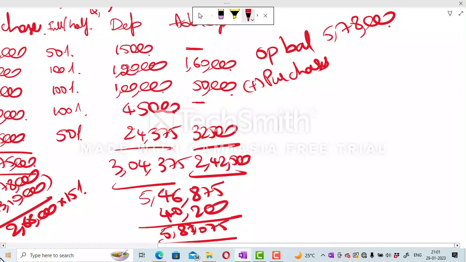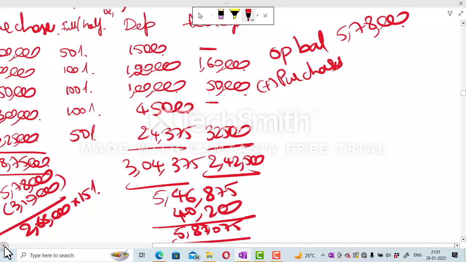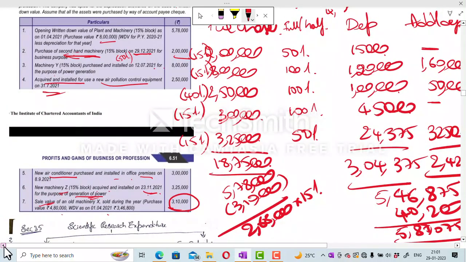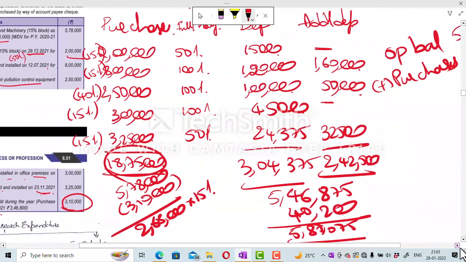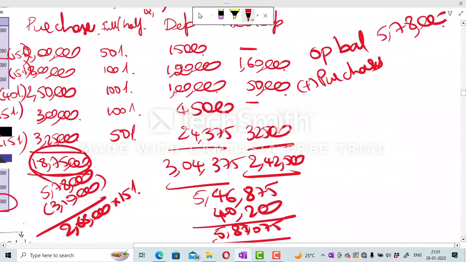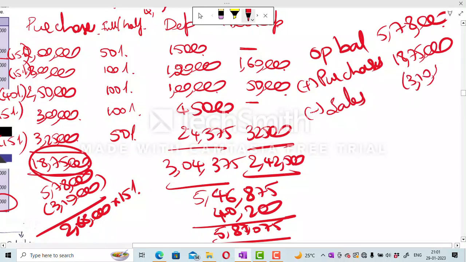What are the purchases? 18,75,000, total purchases. Minus sale. The sale value is 3,10,000.